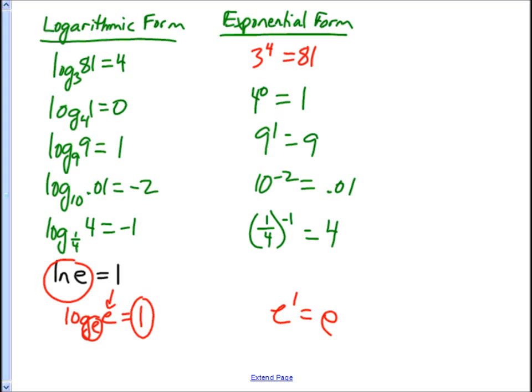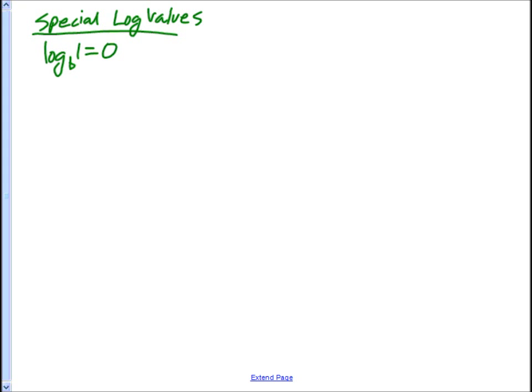Now you may have noticed some of these special logarithmic values. So if you have b being a positive number, such that b is not equal to 1, then you have log base b, whatever b is, log base b of 1 will always equal 0.